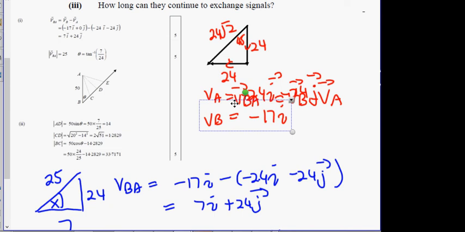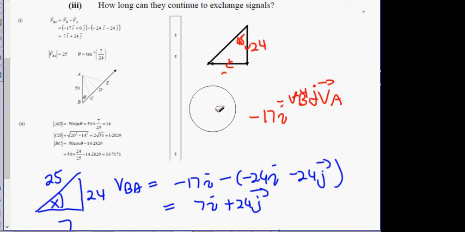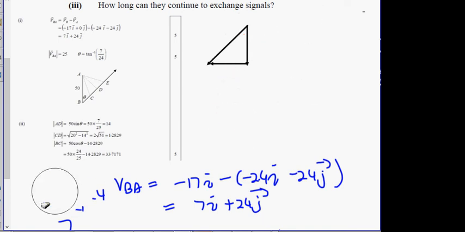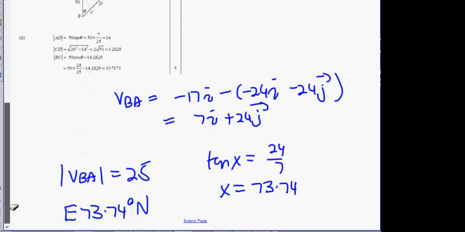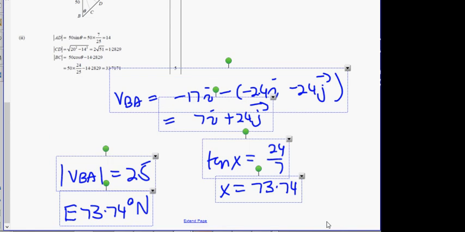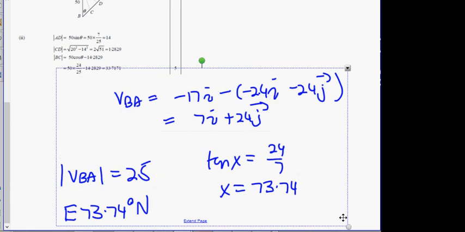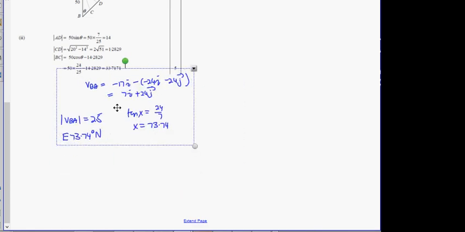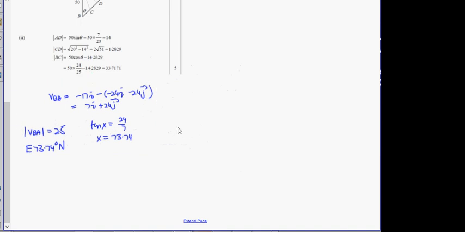This is used information, there's no more use for it, so just rub it out. We also don't need this information here, because we got our angle and we have everything we need to know in this bubble here. You'll just keep that to the side for when you need it.